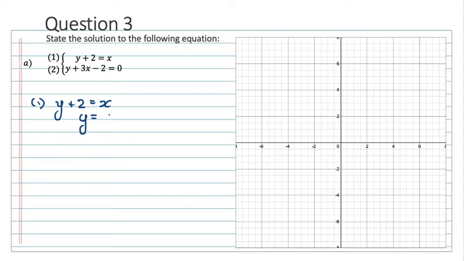So that's going to be y equals x minus 2. So that's our first equation. And then our second equation, we're going to have y plus 3x minus 2 equals 0. Then rearranging, it's going to be y equals negative 3x plus 2.